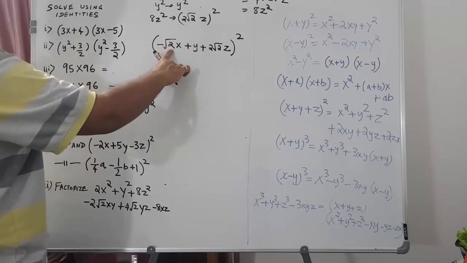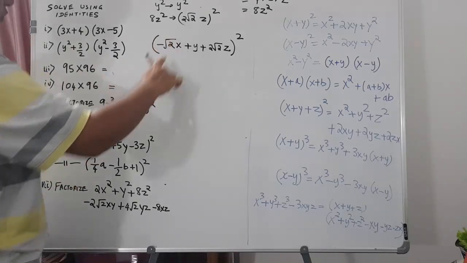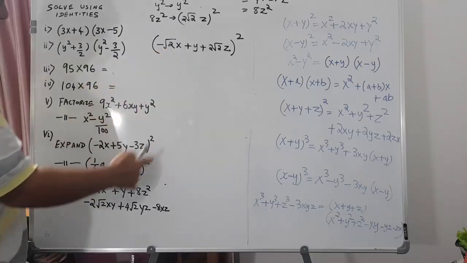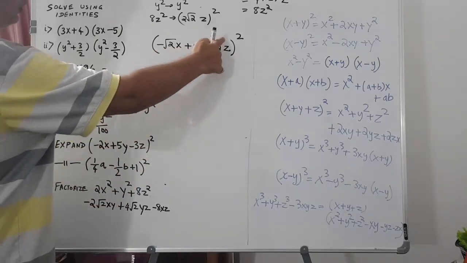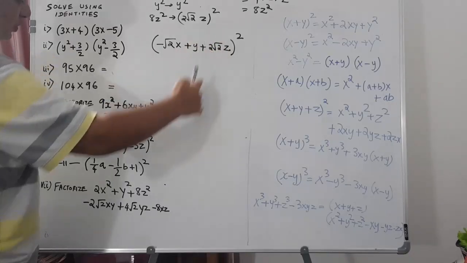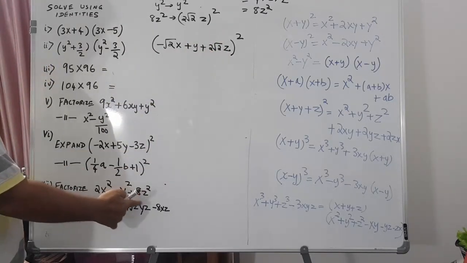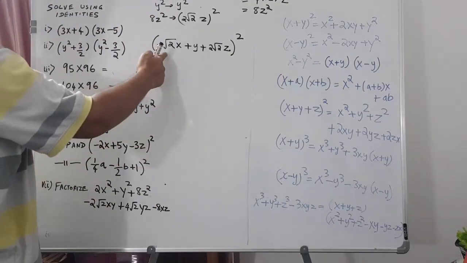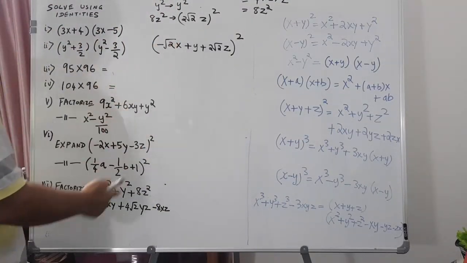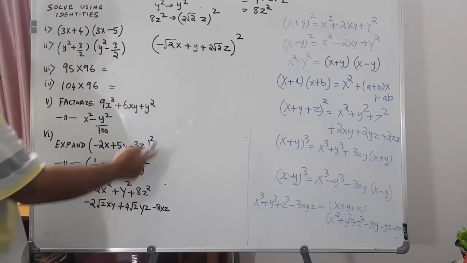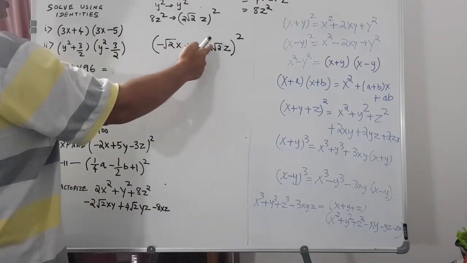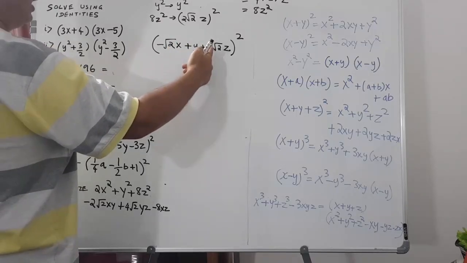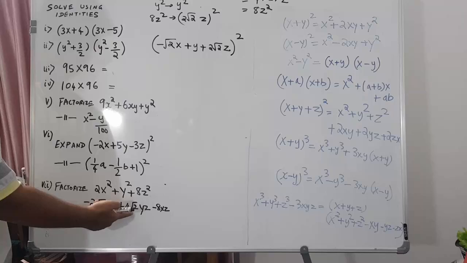See, when you take minus root 2x whole squared, you get 2x squared. When you say y squared, you get y squared. 2 root 2 z whole squared, you get 8z squared. Then when you want to calculate this term 2xy, you will get 2 into minus root 2x into y, which is this. When you want to calculate the yz term, you will get 2 into y into 2 root 2z, all the terms are here.